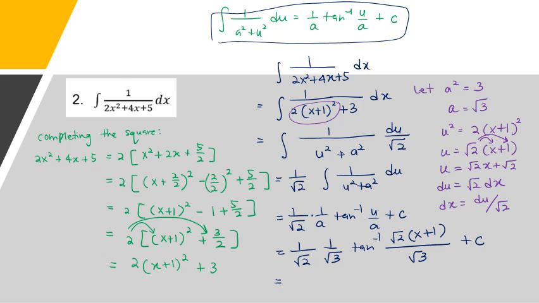Kita boleh simplify, dia jadi 1 over square root 6. Okay, tangent inverse. Ni dah tak boleh lah yang dalam ni. Okay, tangent inverse square root 2 x plus 1 over square root 3 plus c. Okay, so this is the answer.